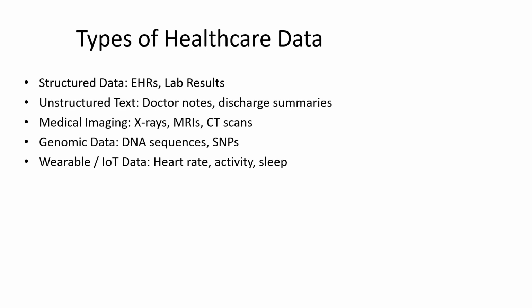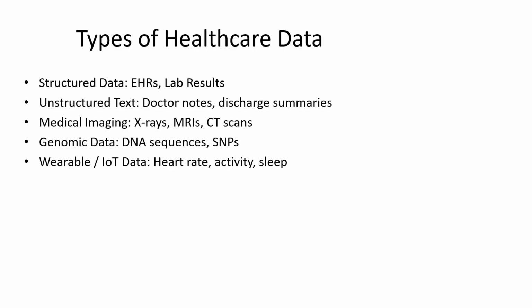Next, these are the types of healthcare data: structured data, unstructured data, medical imaging, genomic data, and wearable or IoT data. What is the meaning of structured data? If your data contains rows and columns, if your data is available in the form of a table, it is known as structured data.